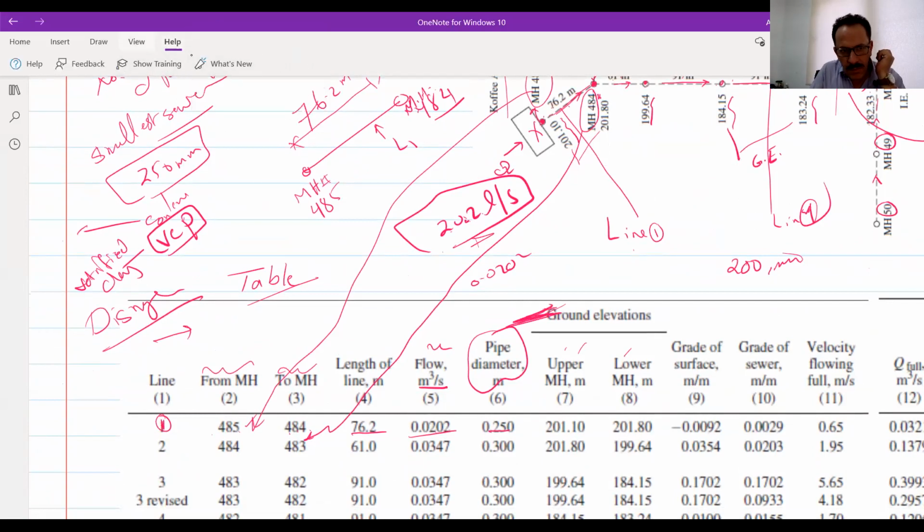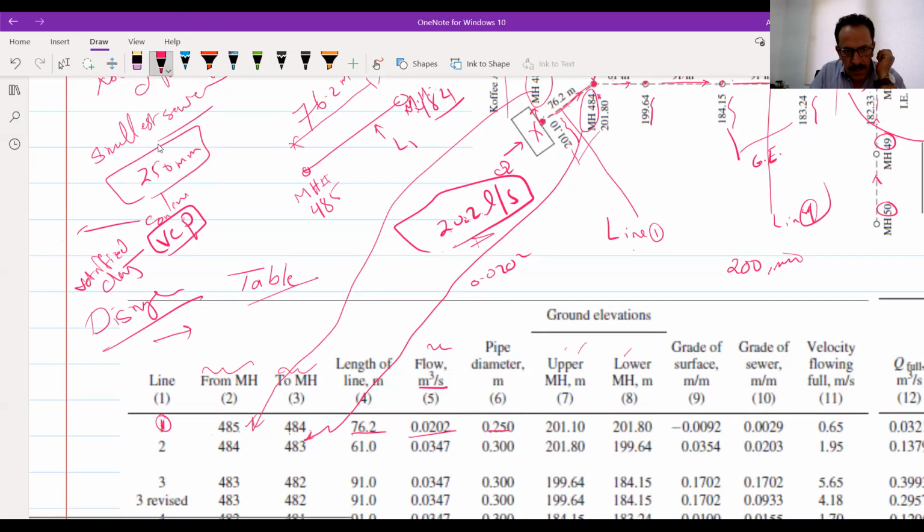Okay, we will come with this one. You can see there is a ground elevation. Ground elevation for what? For the manhole. So we have to go with manhole number 48.5 and see what will be the ground elevation of this manhole.